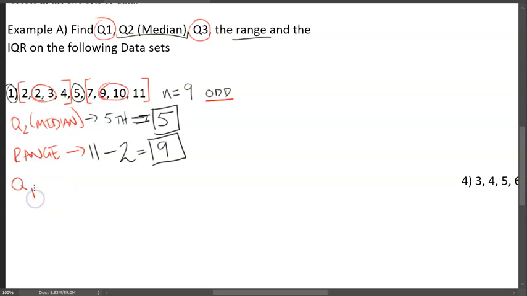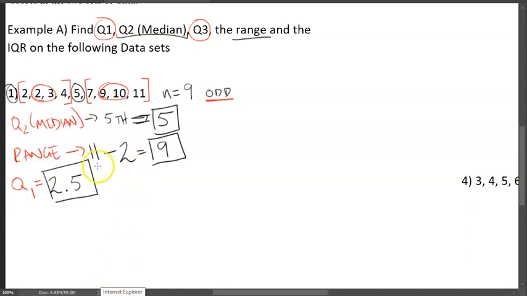With the left considered as Q1, we are looking for what goes in between 2 and 3. Well, that's 2.5, isn't it? So my Q1 is 2.5.